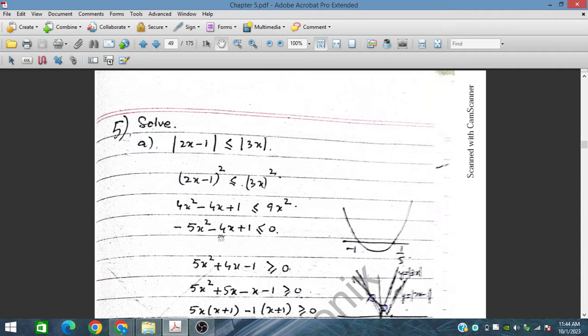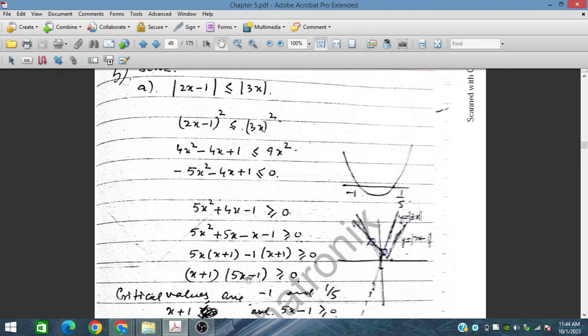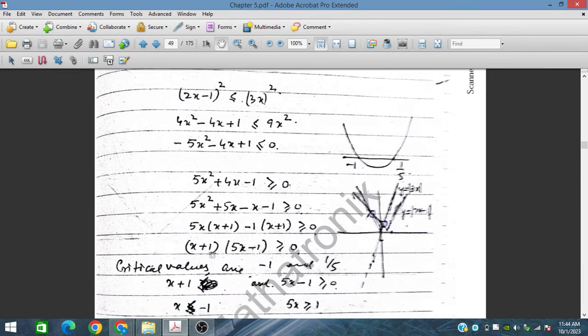If we multiply both sides by minus 1, the sign will change and this becomes 5x square plus 4x minus 1 greater than 0. Now factorize this, we will get x plus 1 and 5x minus 1 is greater than 0. So x plus 1 is 0 means x is minus 1, and 5x minus 1 is 0 means x is 1 over 5.